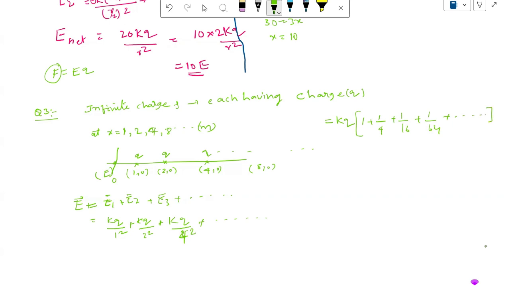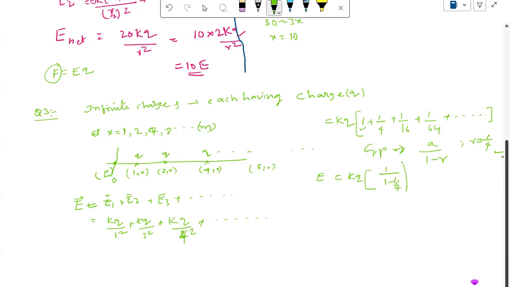So now here infinite terms, and this will be in GP. In GP, infinite terms, A by 1 minus R. Not the sum of n terms, infinite terms. Sum of the infinite terms is equal to A by 1 minus R. And here R is equal to B by A, that is 1 by 16 by 1 by 4, that equals 1 by 4, so R equals 1 by 4. So E net is equal to KQ into A by 1 minus R, that is 1 by 1 minus 1 by 4.